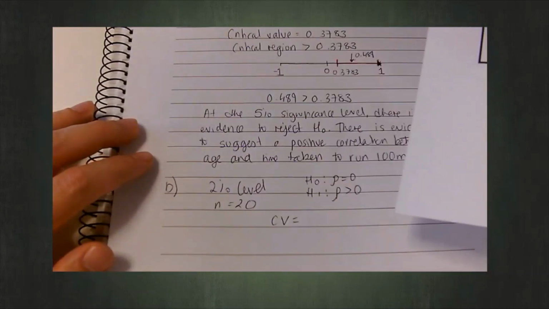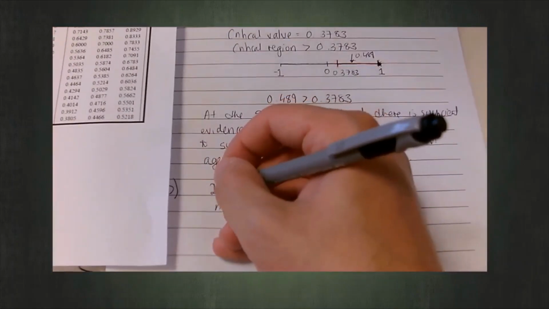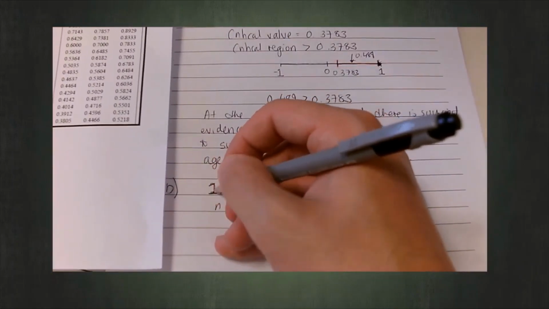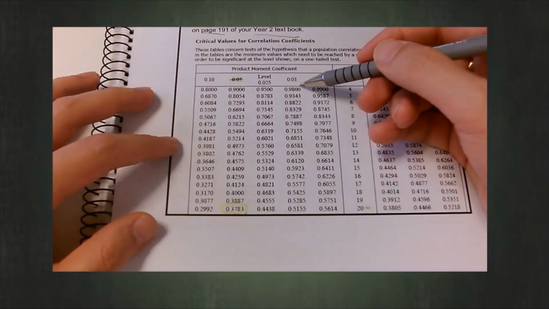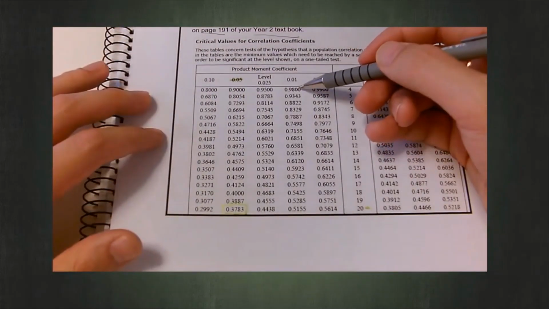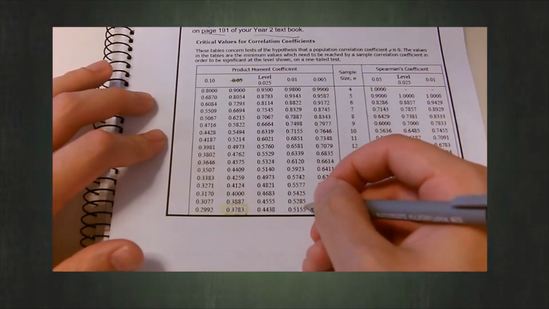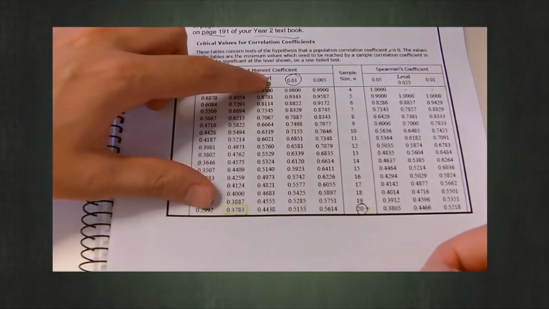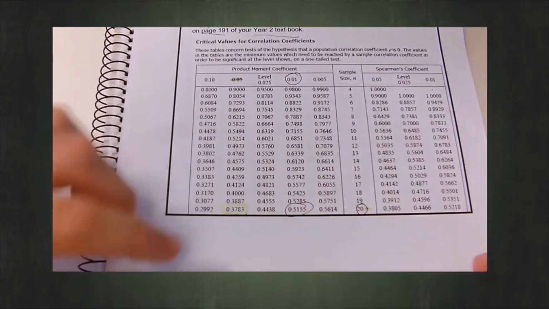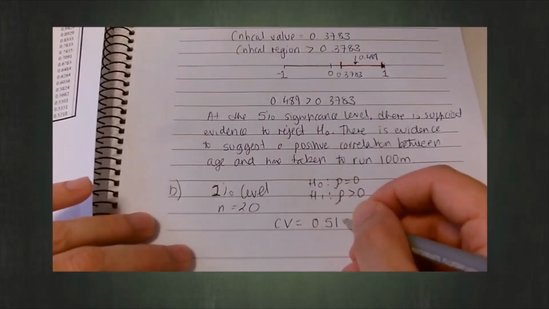So I'll change it to 1%, just to make sure we can get it. So 1%, at a sample size of 20, reading down, we get to this critical value here, 0.5155.